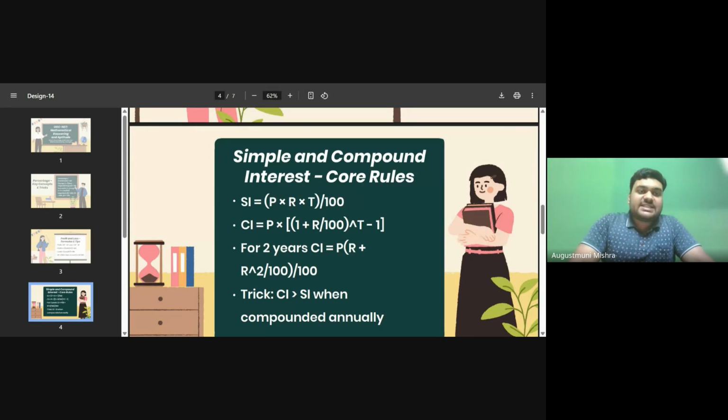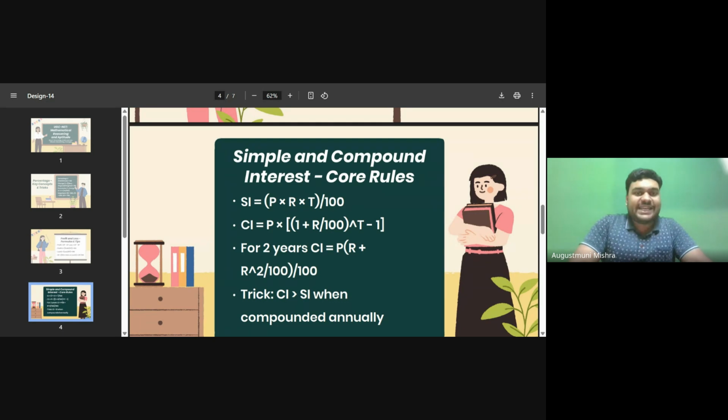Then compound interest. For finding the compound interest, you have to take the amount minus the principal, where the amount is P into bracket 1 plus R upon 100, to the power of the time period, like when you use a square or cube.